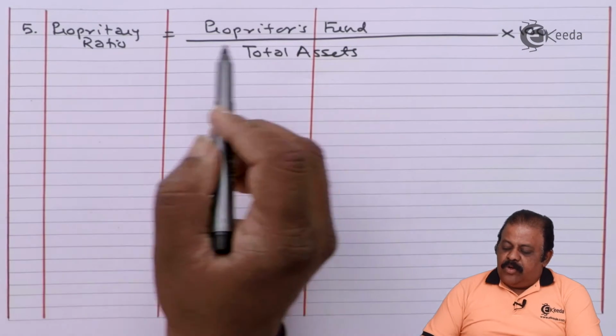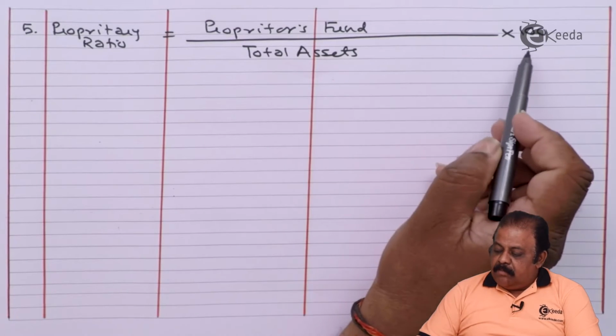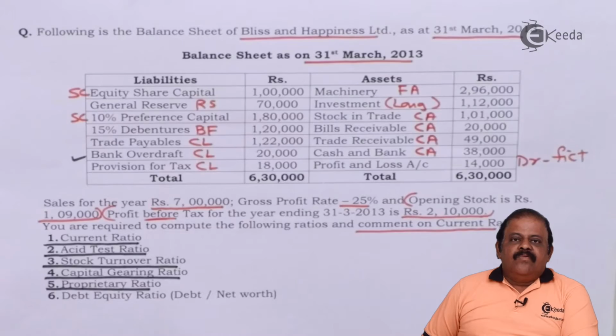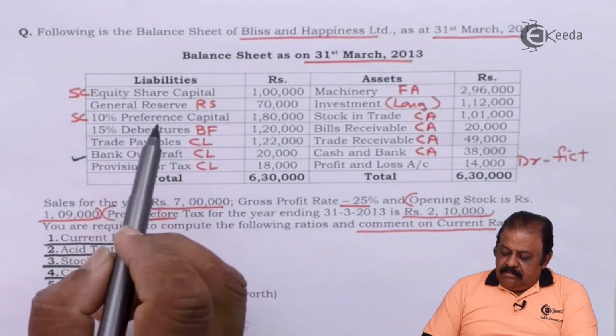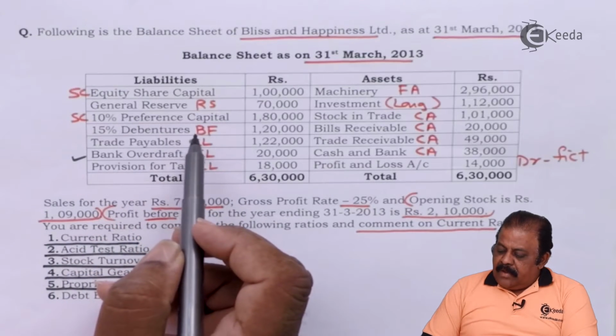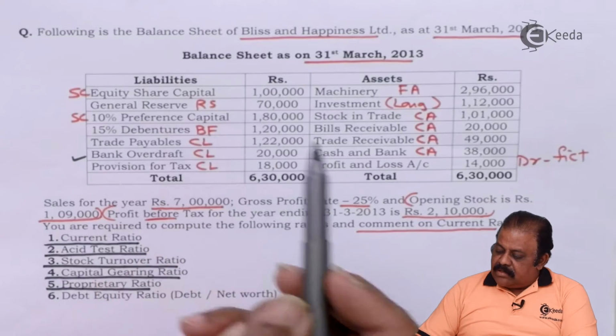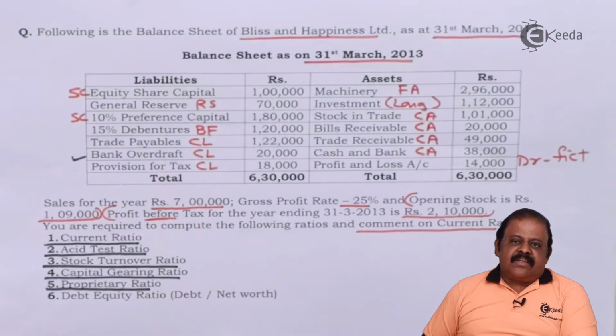Proprietary ratio formula is proprietor's fund divided by total assets multiplied by 100. For calculating proprietor's fund, we are required to add equity share capital, general reserve, preference share capital, and we are required to deduct profit and loss account, that is fictitious asset.